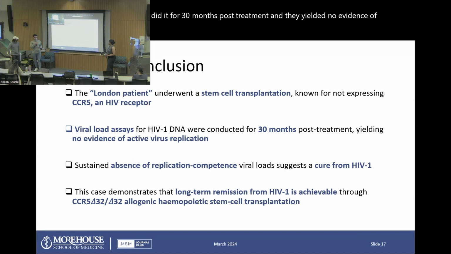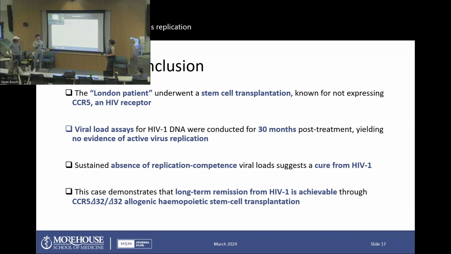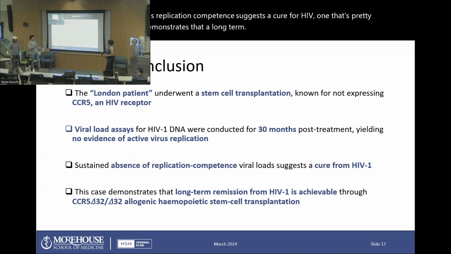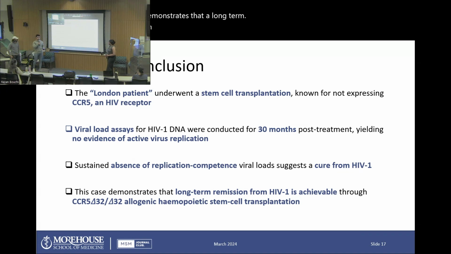Sustained absence of replication competence suggests a cure for HIV-1. That's pretty surprising. This case demonstrates that long-term remission from HIV-1 is achievable through CCR5 delta 32 allogeneic hematopoietic stem cell transplantation.